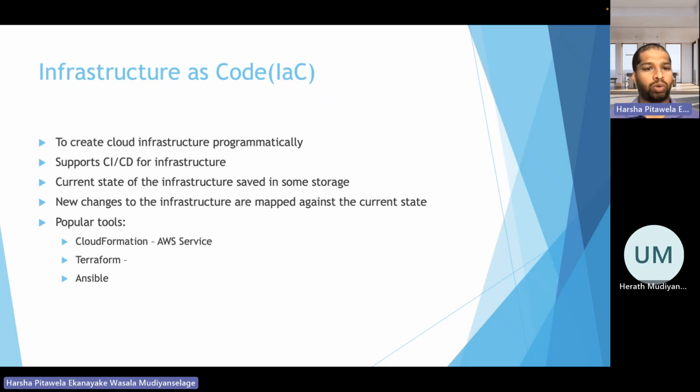In infrastructure as code tools, you save the current state of the infrastructure in some storage. You can save that in S3, or in local storage, or whatever. Then whenever you want to upgrade your infrastructure with these tools, it maps the current state that you already have saved with the new changes and suggests, okay, these are the changes: I'm going to delete this instance and bring this new instance up.